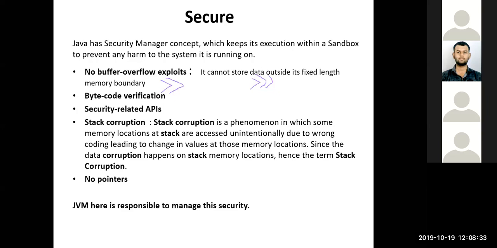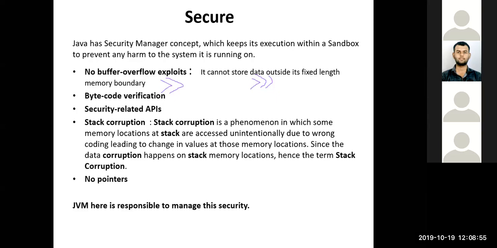Earlier, in C programming language, we were not usually releasing the memory. We were occupying the memory but not releasing it. That is a bad practice in any programming language.